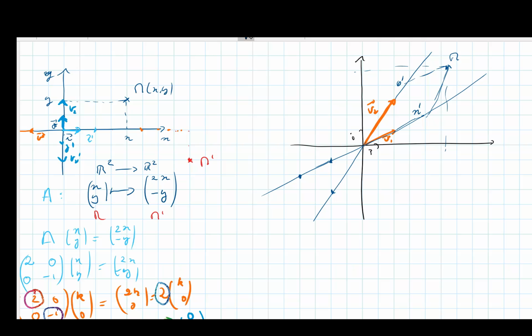Then I will know exactly how to apply the mapping that I want to this vector. I just have to multiply x prime by 2, and y prime becomes minus y prime.